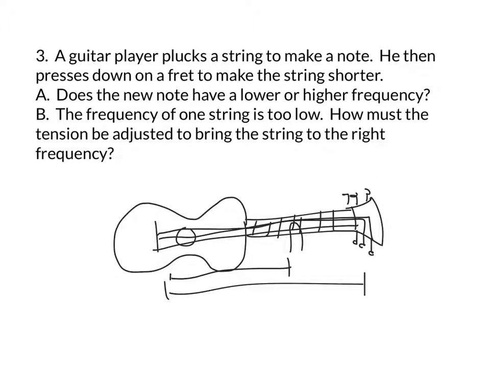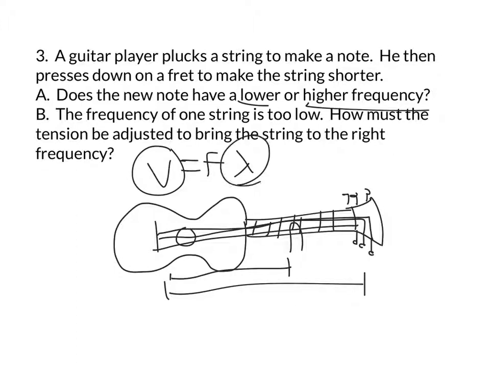What happens to the frequency? Do we get lower or do we get higher? Well, the thing he's not changing is the tension. That's going to be the same. So the velocity is going to be the same. So in v equals f lambda, he's not changing the speed of the wave on that string. What he is changing is the length of the string, the lambda.